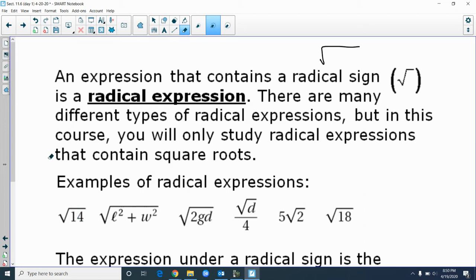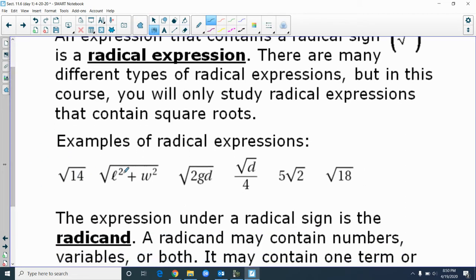Now, here's some cases of radical expressions. You got the square root of 14. We got the square root of L squared plus W squared. Square root of 2G times D. Square root of D over 4. And some people might say radical 2 or radical 18. The expression under a radical sign is called the radicand.